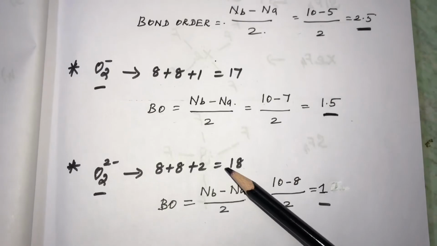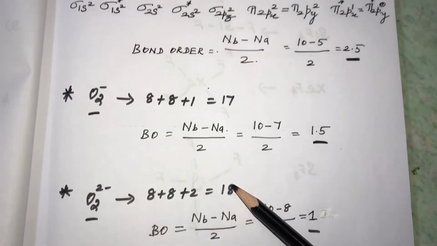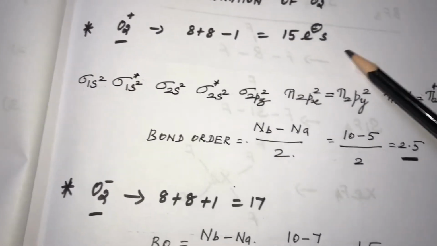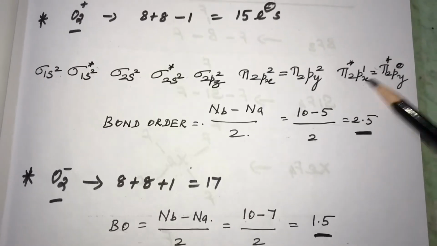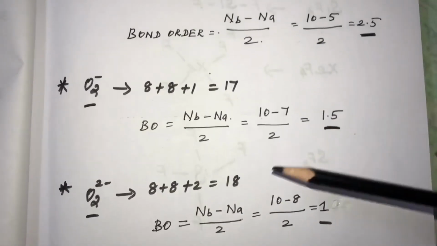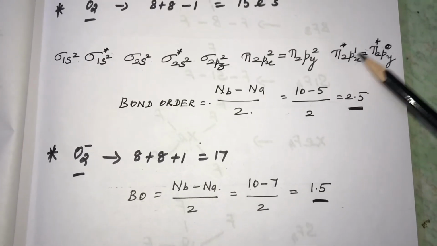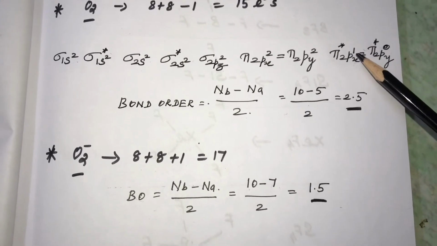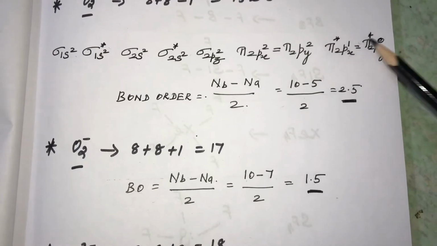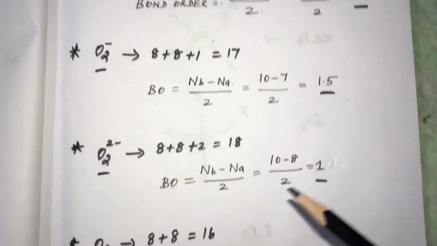Now for 15, here 1 electron and here is empty. For 18 what it will be, extra 3 electrons, 3 plus 1, 4, thereby here 2 electrons and here 2 electrons, both are antibonding.